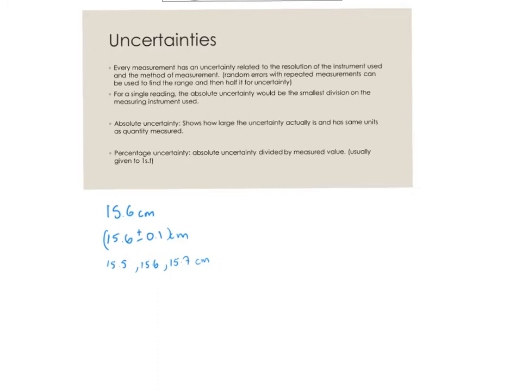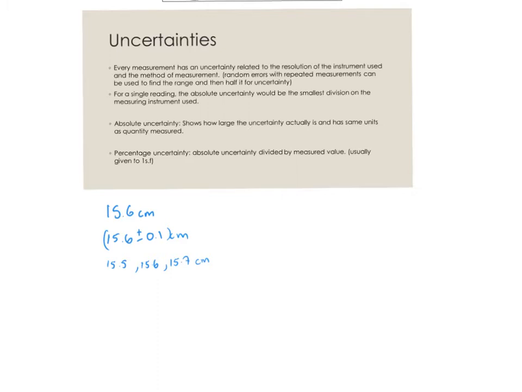That's because every single measuring instrument that we use has its own resolution. Resolution is basically the smallest increment of measurement, the smallest division on the measuring instrument that you're using. For example, a millimeter ruler has 0.1 centimeters up or down from the measurement that you take. A thermometer whose smallest division is 1 degree Celsius is plus or minus 1 degree Celsius.